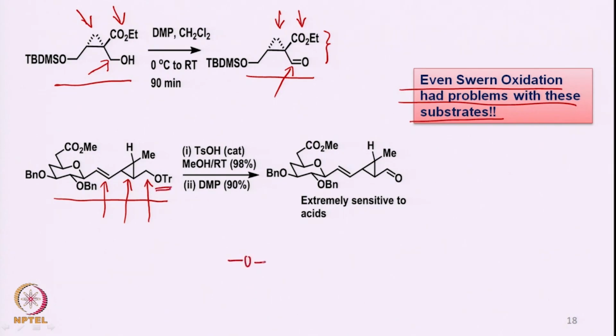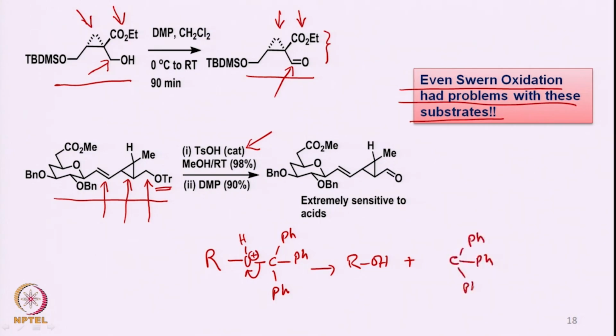Trityl protection is nothing but this kind of group where, if you treat this particular protecting group with tosic acid in a catalytic fashion, this protonates the oxygen here, the ether, and then this opens up to generate the alcohol, and of course you generate a highly stable tertiary cation in this fashion. So there is a very strong driving force to cleave this bond under acidic condition.